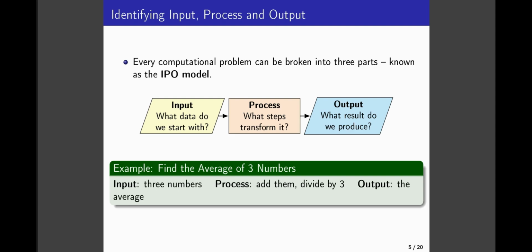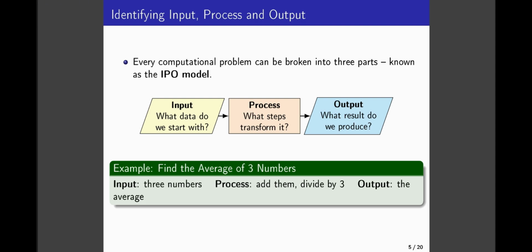Then we need to identify the input, process, and output. Every computational problem can be broken into three parts, known as the IPO model: input, process, output. Input is what data we start with, process is the set of steps that transform that data, and output is the result we ultimately produce.